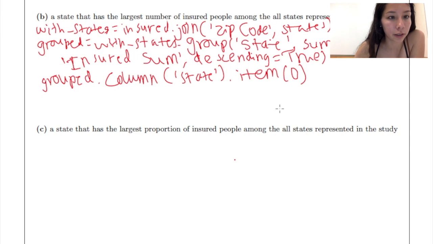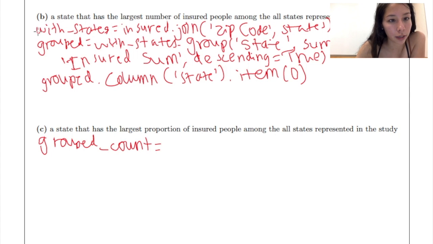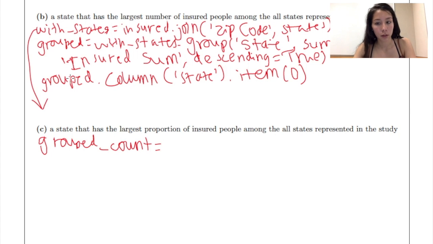So what I did is I did something similar to the grouped table, except we're going to be doing something slightly different. I called mine group count. So I did use with states from the previous number, so we're just going to go ahead and draw that arrow there so we are sure we know what we're doing.